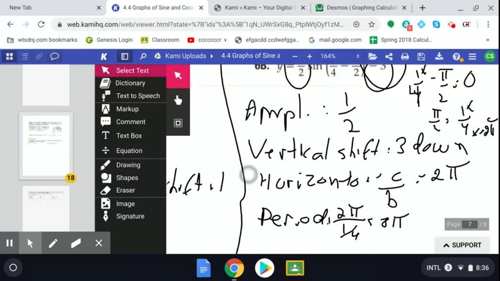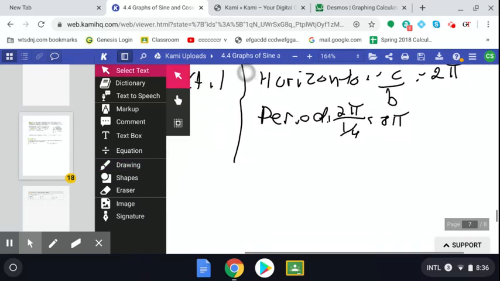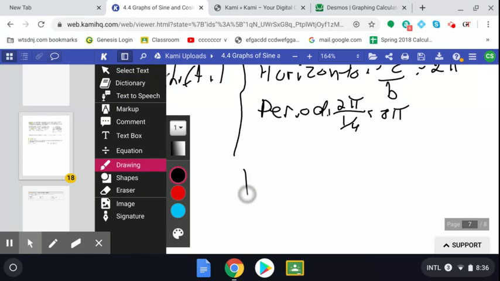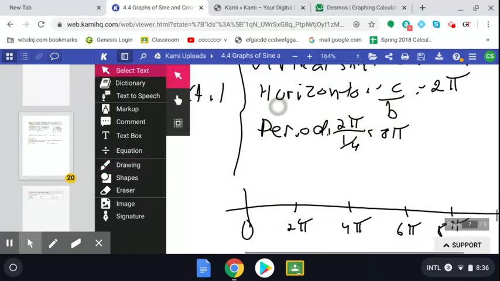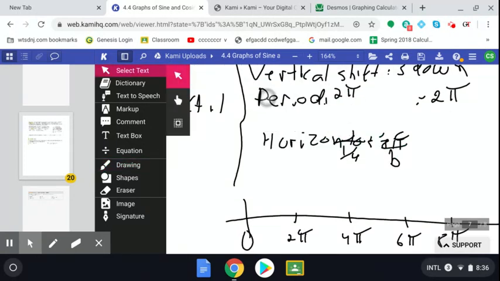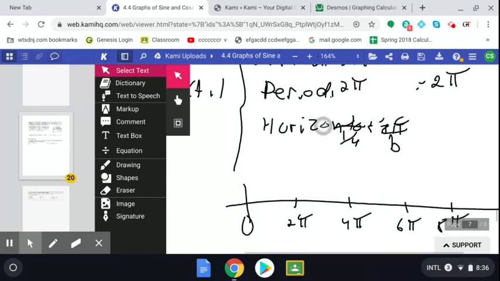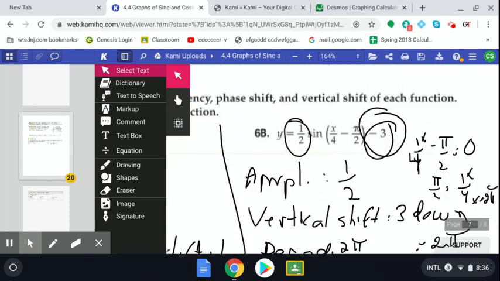I'm going to do that one by hand. So I have 0, then it's going to be 2 pi, 4 pi, 6 pi, 8 pi. But remember, the horizontal shift is going to be 2 pi to the right.